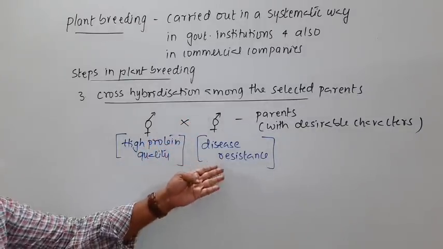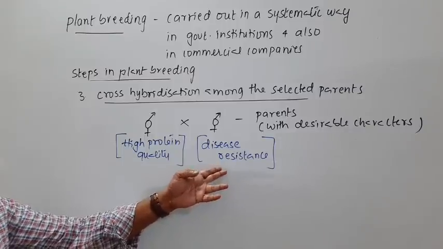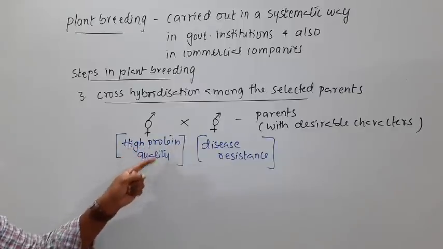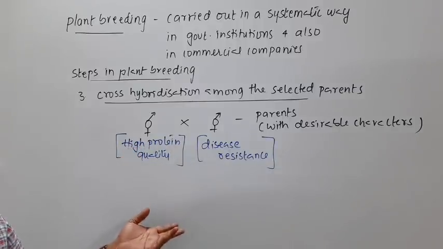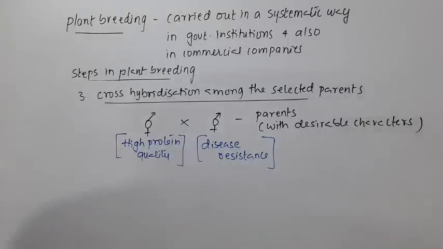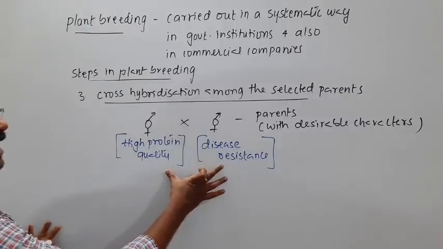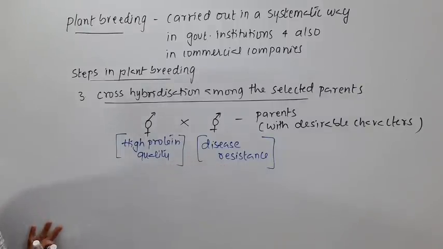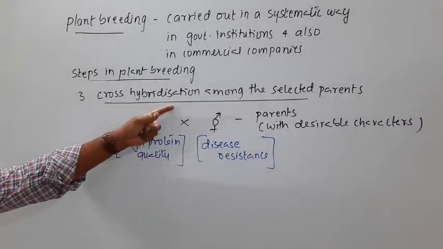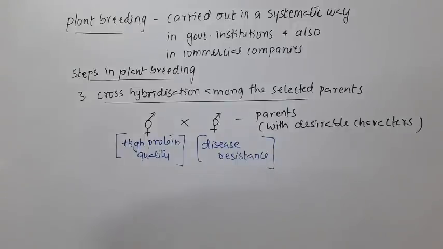Even though it has disease resistance, I am not going to get the high protein quality. So I want these two characters to be present in only one individual, and I will do it by cross hybridizing these two parents.